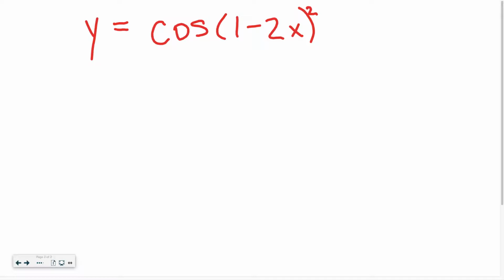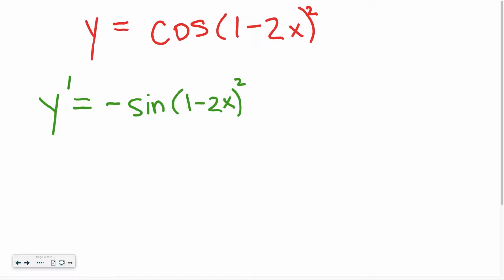Okay. So our outermost function would be cosine. And inside of cosine, we have a composition with a power. So our derivative, our outer function is cosine. The derivative of cosine is, ooh, good job, negative sign. Leaving the inside alone.